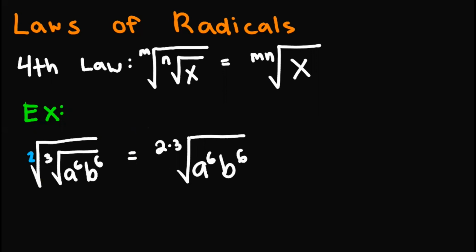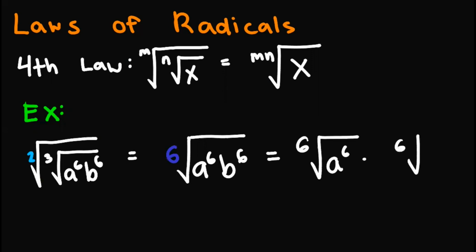2 times 3 is simply equal to 6. Now from here, we can apply the second law. So this one will be equal to the 6th root of a raised to 6 times the 6th root of b raised to 6.